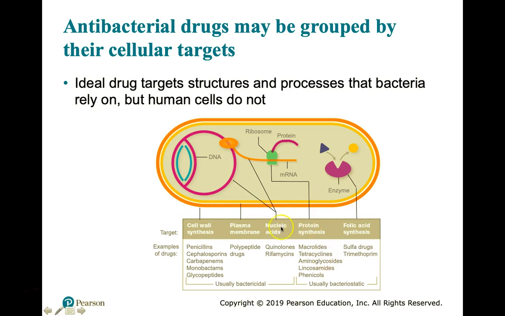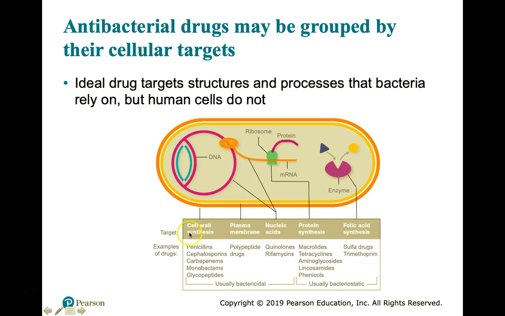Target, nucleic acids, quinolones. So for nucleic acids, I expect you to know quinolones. For protein synthesis target, tetracyclines. For protein synthesis, tetracyclines. And for folic acid synthesis, sulfa drugs.